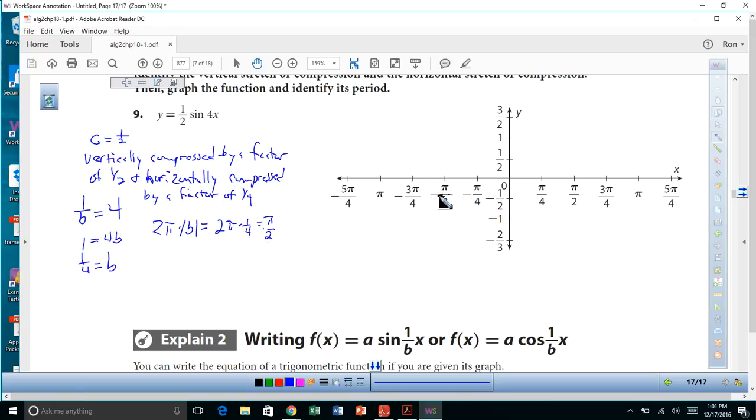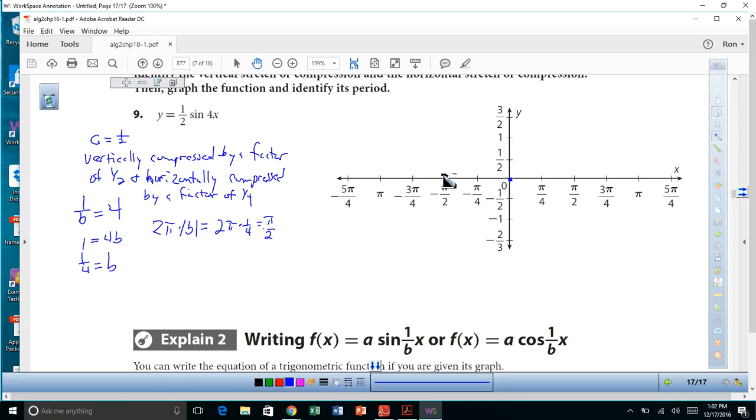All right. So we've got the sine function, right? So we know it's going to go through here. Okay. And then we have a period of pi over 2.